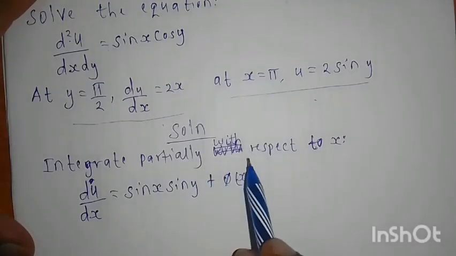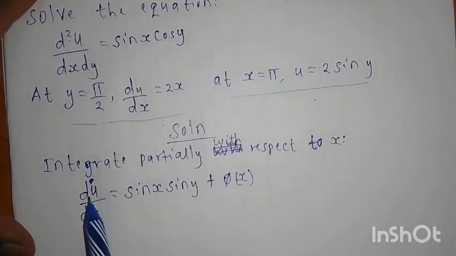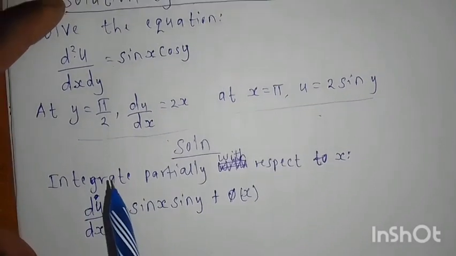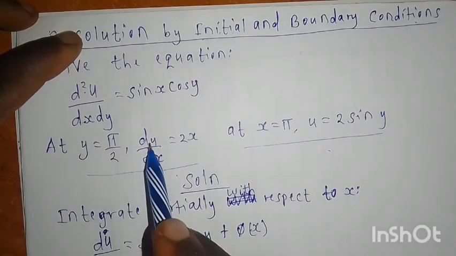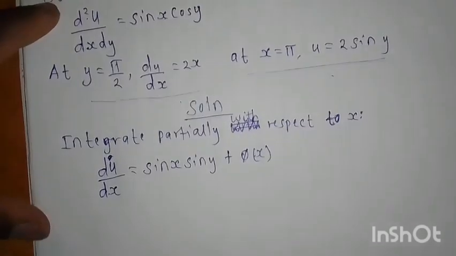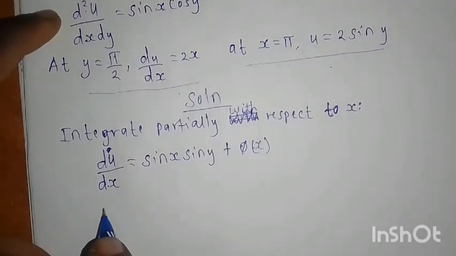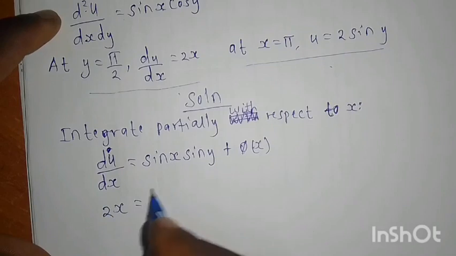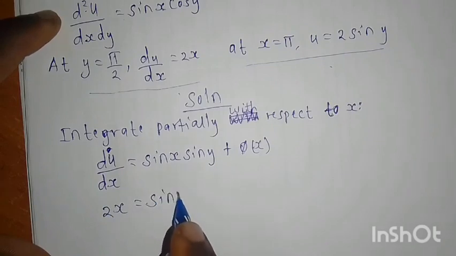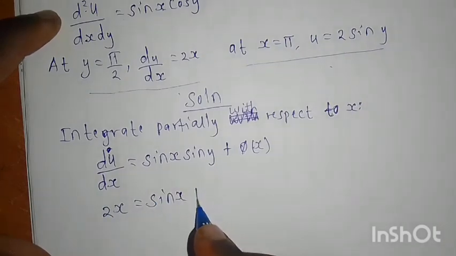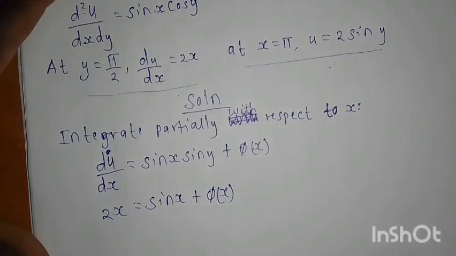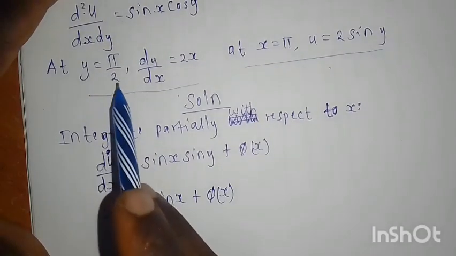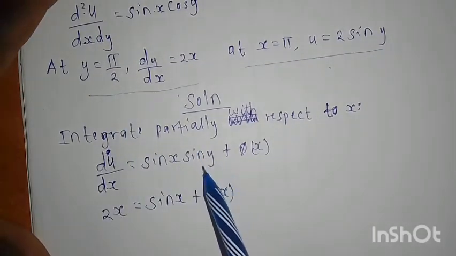Integrate partially with respect to x. So we have the equation. Now applying our first boundary condition, that at y equals pi over 2, du over dx is 2x. Therefore here we say that x. Remember here pi over 2 is 90 and sine of 90 is 1.